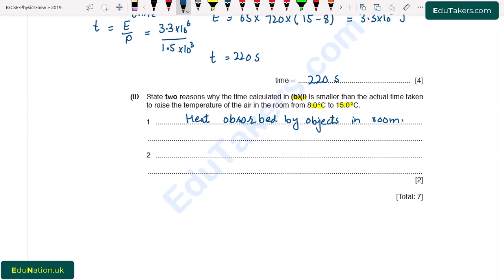And second reason is that time required to heat air which might have entered the room through the slits.